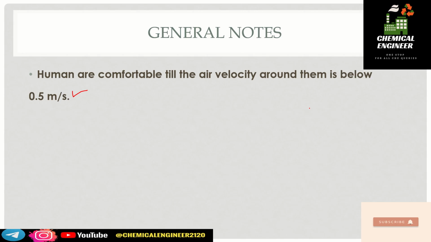Why does it feel discomfort? Because the upper layer of the skin is very sensitive and it may sense a higher amount of airflow tangential to it, so it will cause uneasiness to the skin.